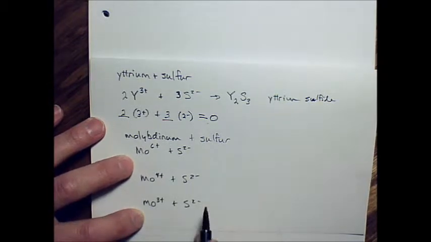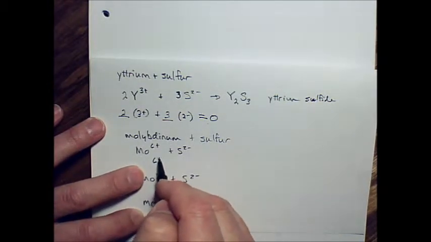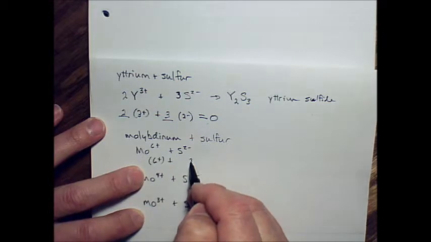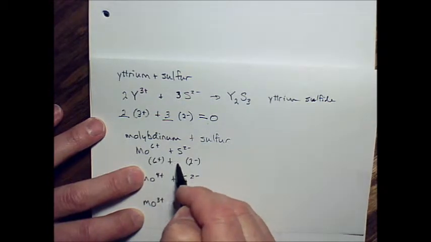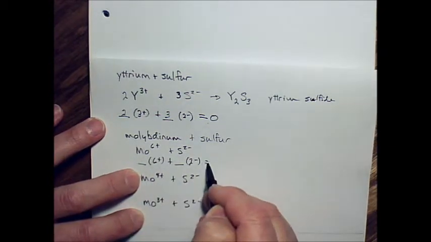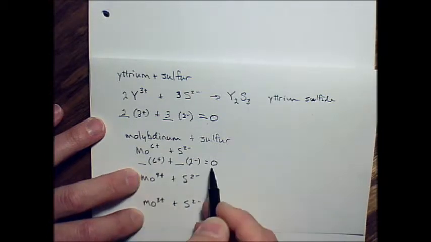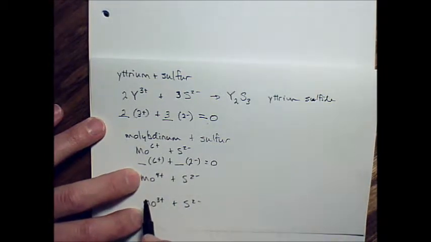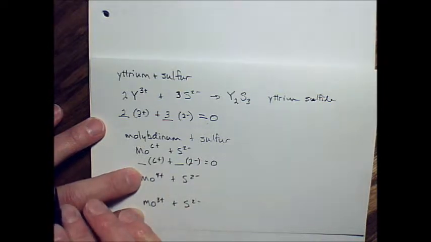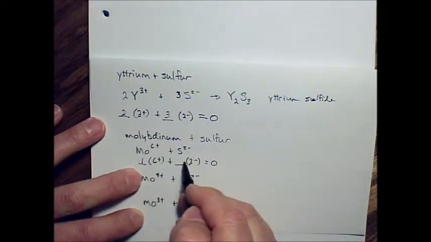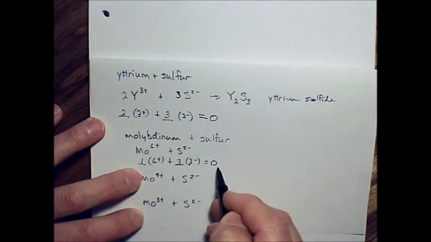So we've got a 6 plus and a 2 negative, and to figure out the charges, we need to have this math problem equal 0. So what coefficients do I put here and here? 1 and 3. That'll give us a 0.